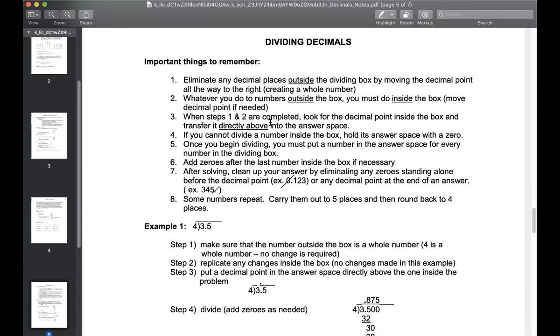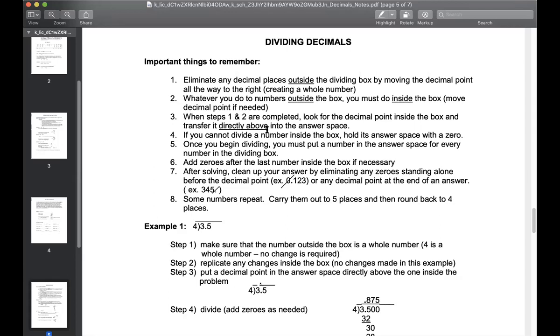All right, so when we are dividing decimals, there is a different rule depending on where the decimal is. If your decimal is in your divisor, meaning the number that you are dividing by, you have to remove it before you can divide. If your decimal is in your dividend, which means the number that you are dividing, it's okay, it can stay there. It just needs to automatically move up in that exact same place into your answer.